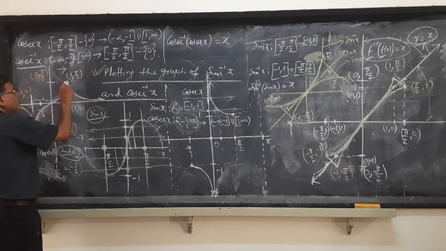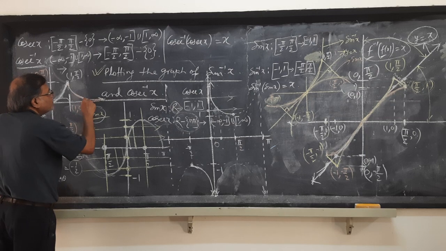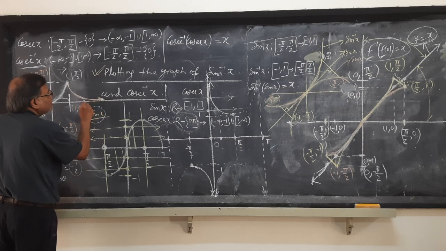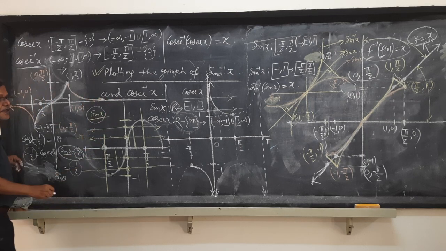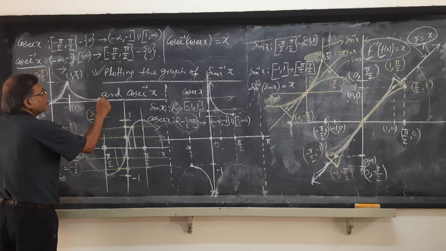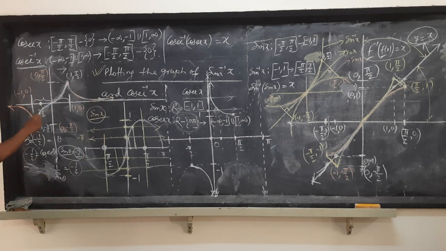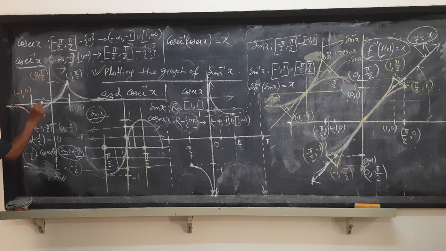If we cut this one and take the reflection of it, it should not touch the x-axis anywhere. It should be asymptotic over here again. Similarly, if this part is cut and inverted from here, then it goes beyond like this, asymptotic along the x-axis.